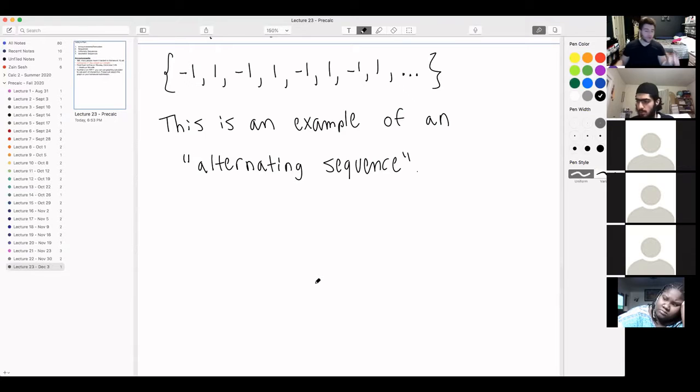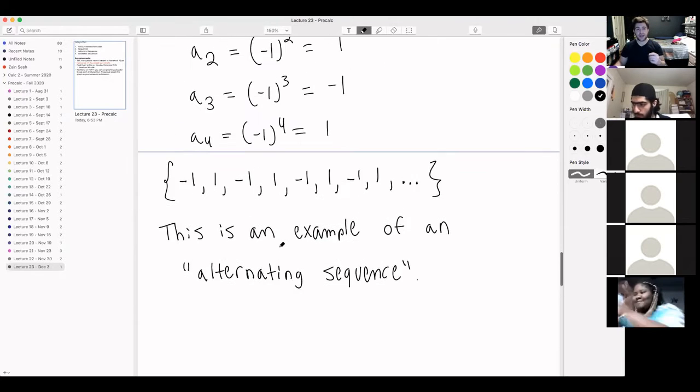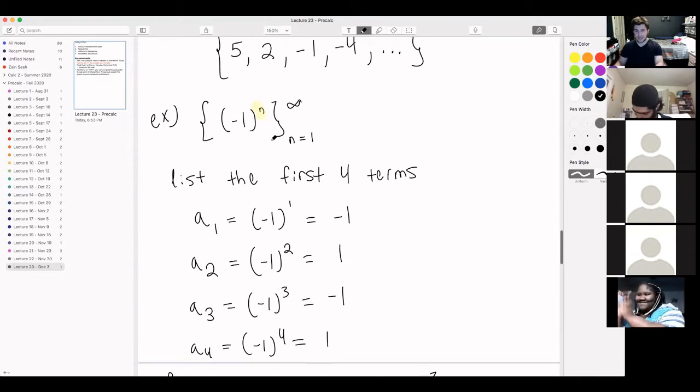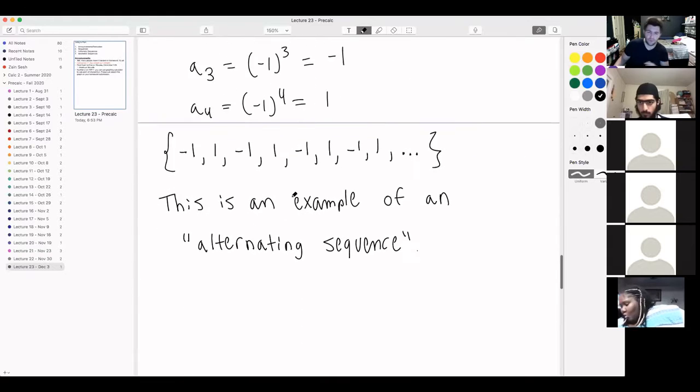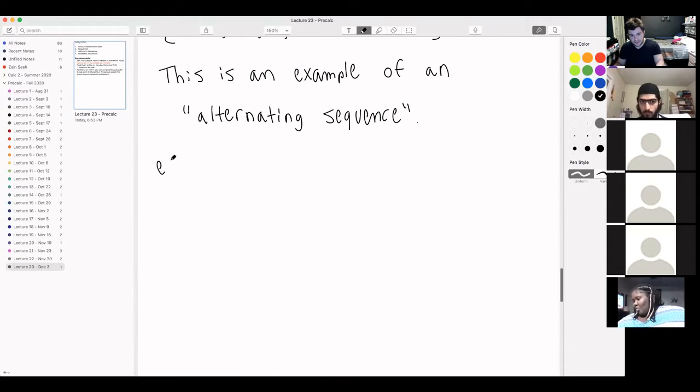Okay, so here is something different. So now what I did before is I gave you the explicit formula and then we listed terms of the sequence. How about we go the other way around? I give you the sequence and I shall ask you to give me an explicit formula. Okay, so this can be kind of fun sometimes.